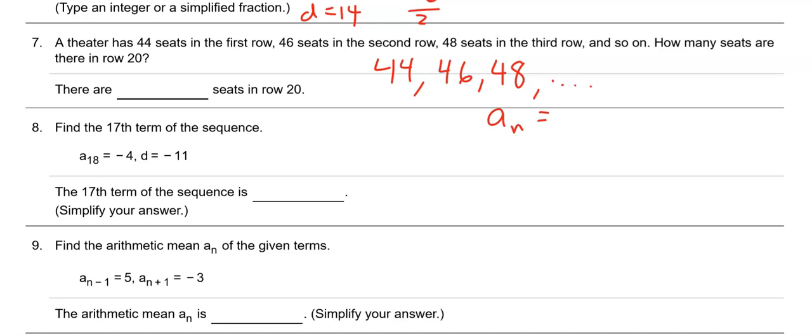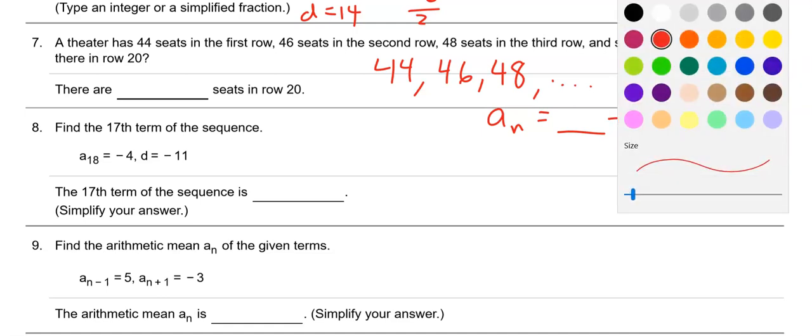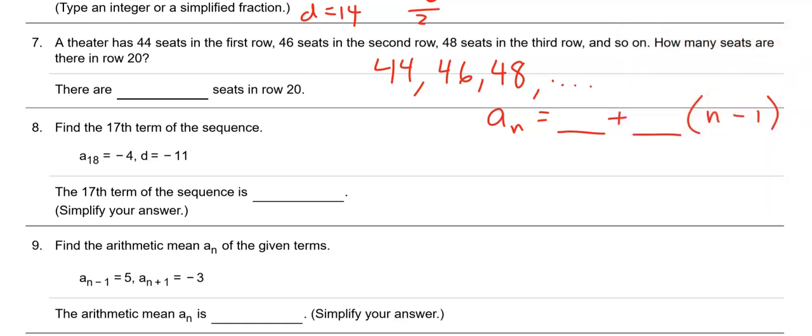So, what's the common difference? It's positive 2. That better go in your formula right about there. What's the first term? 44.